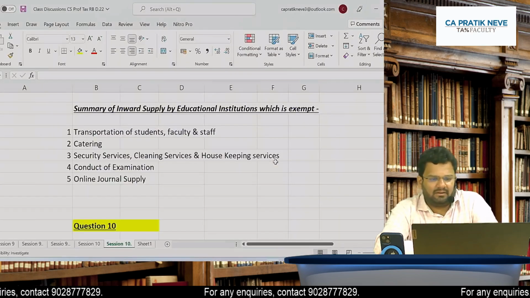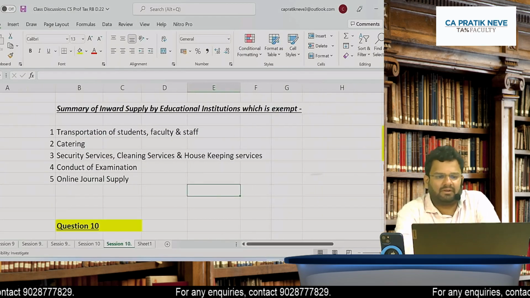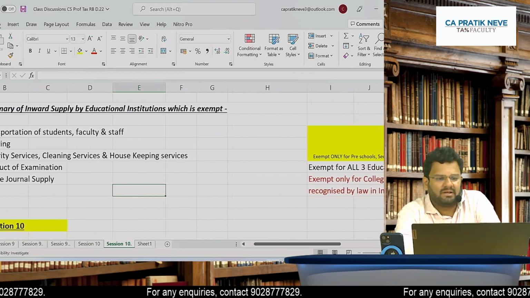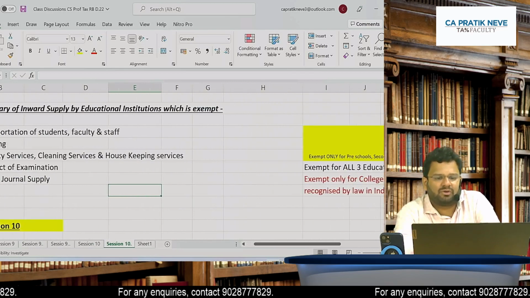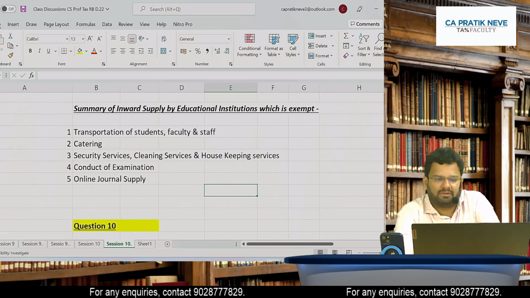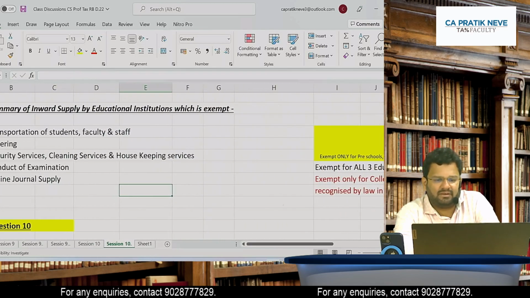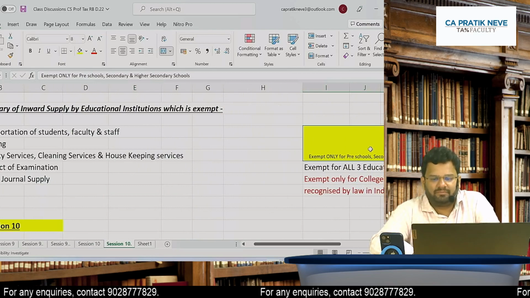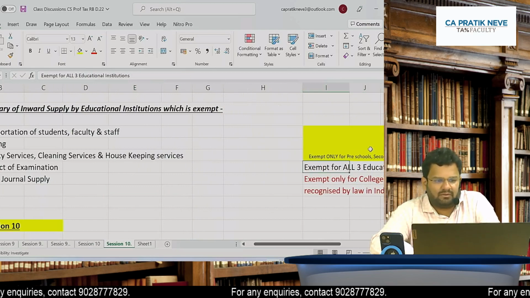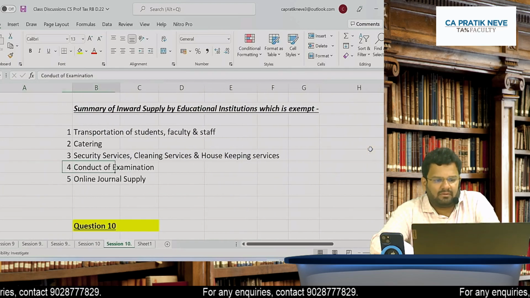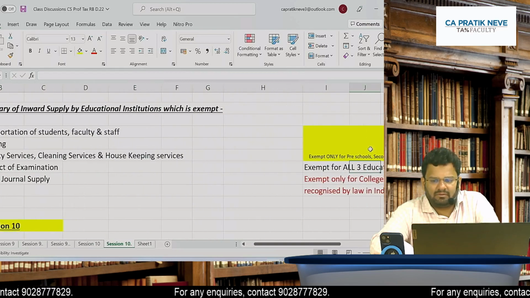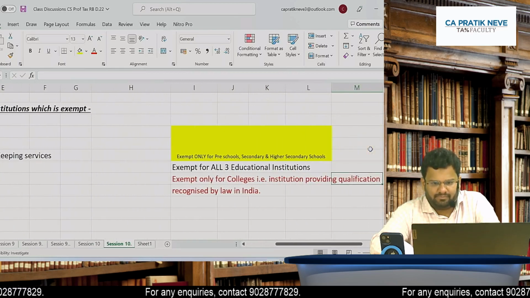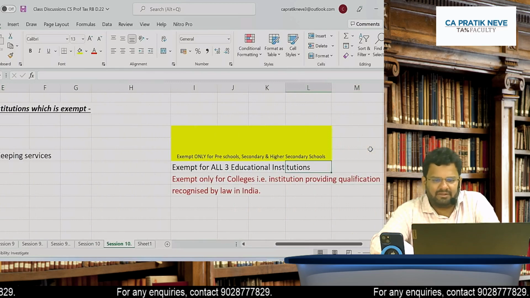So again I have given its bifurcation here, that summary of inward supply by education institution which is exempt. So the first three are exempt only for schools. The next one is exempt for all. Agreed?